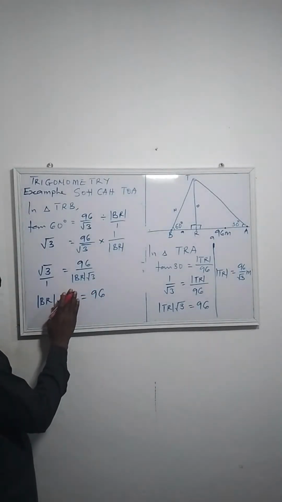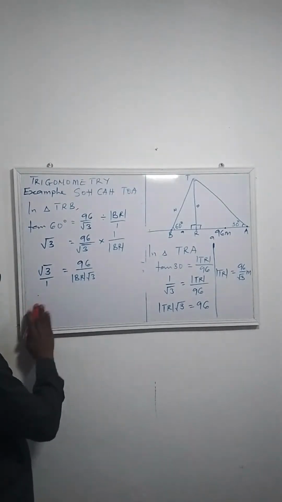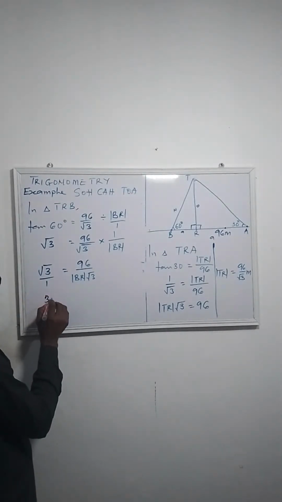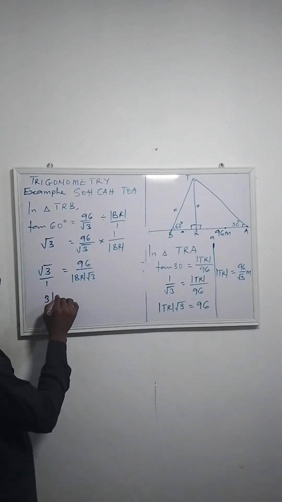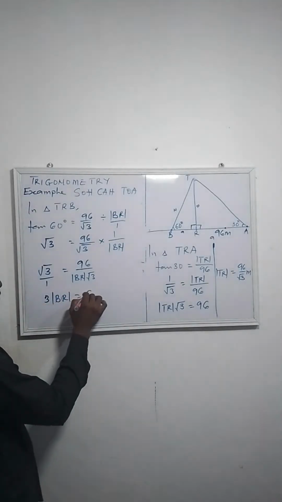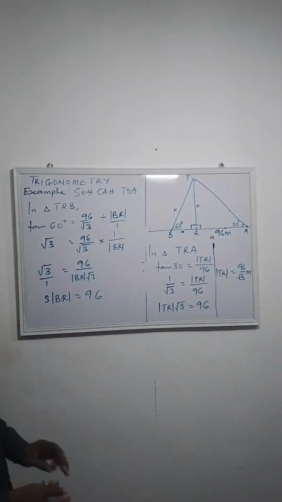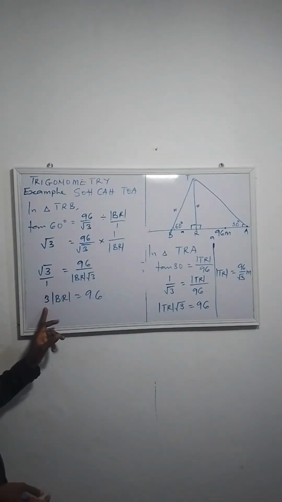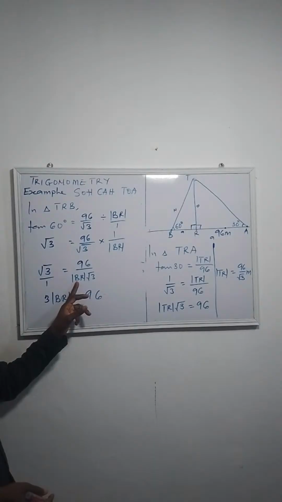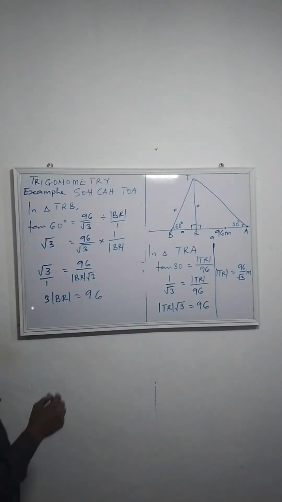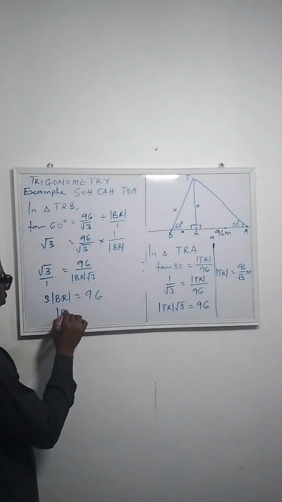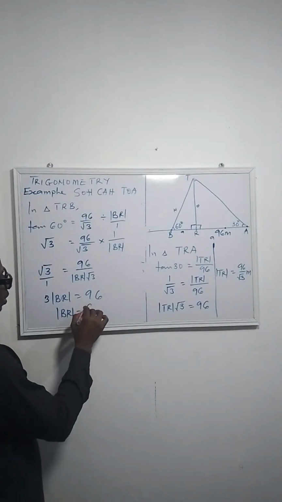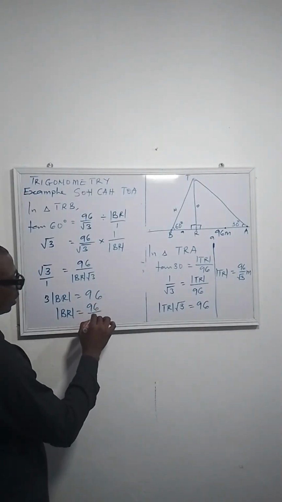So you can simply write 3 BR equals 96. I want to believe you understand that. Square root of 3 times square root of 3 is 3, multiplied by BR. So now length BR equals 96 over 3.